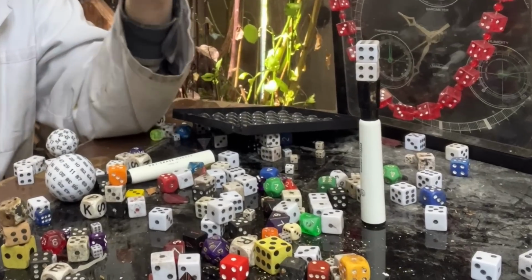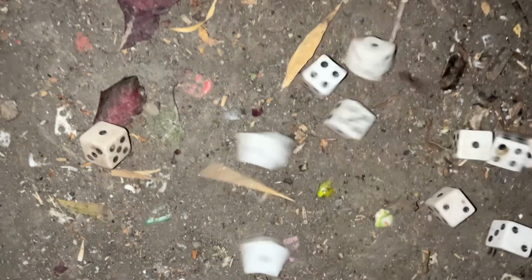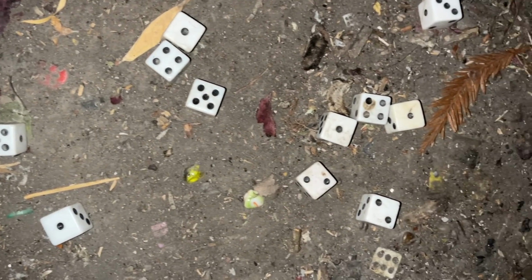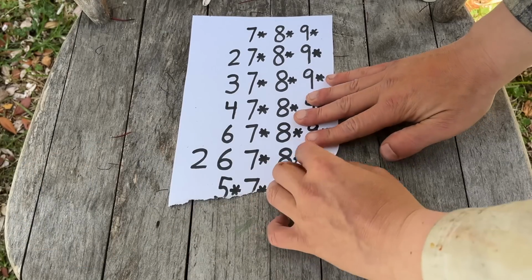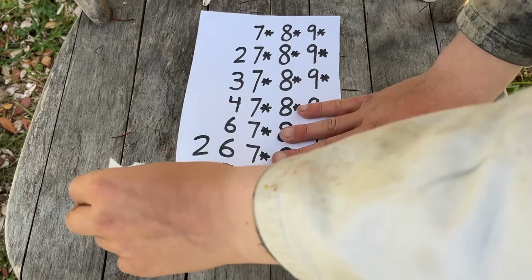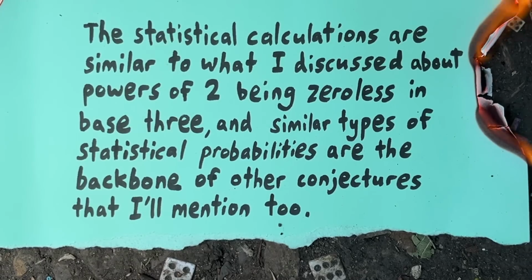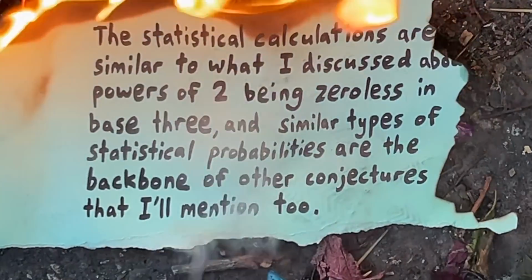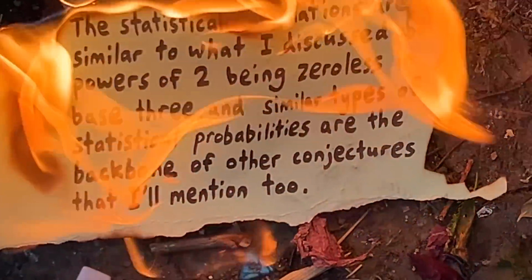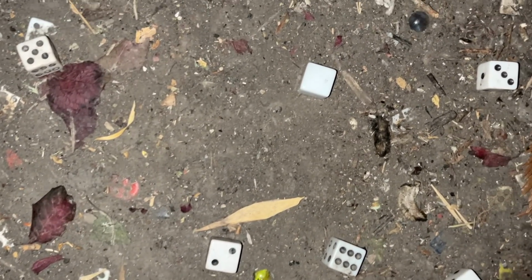For now, our best guesses are based on statistical probabilities for how these families of numbers should have their digits behave beyond the size that's already been checked, and that ends up similar to that game I mentioned back in base 3, where it seems almost impossible that a number could dodge enough zeros.